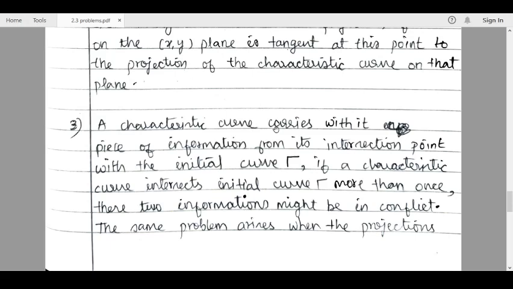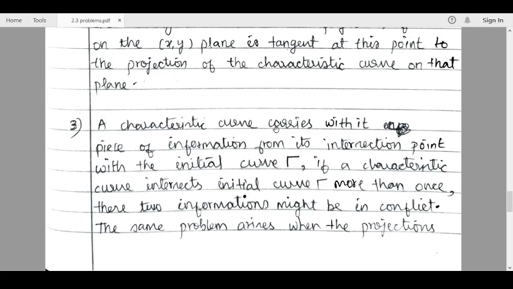These things we will discuss through problems in the next section. So to get the projection of the characteristic curves, we take s as constant. And similarly, you will get the projection of the initial curves.